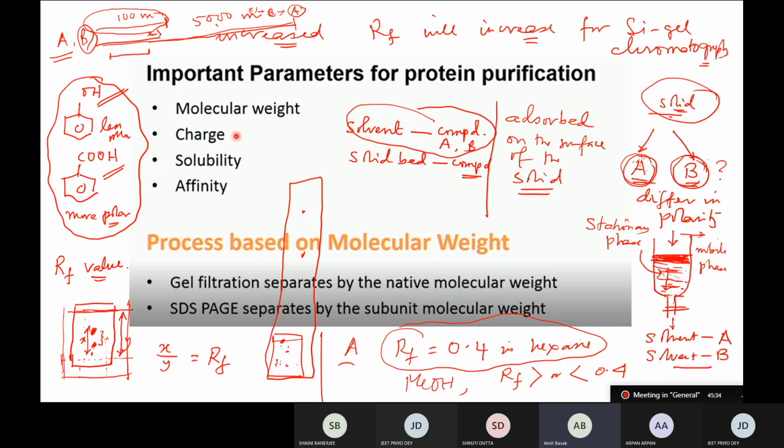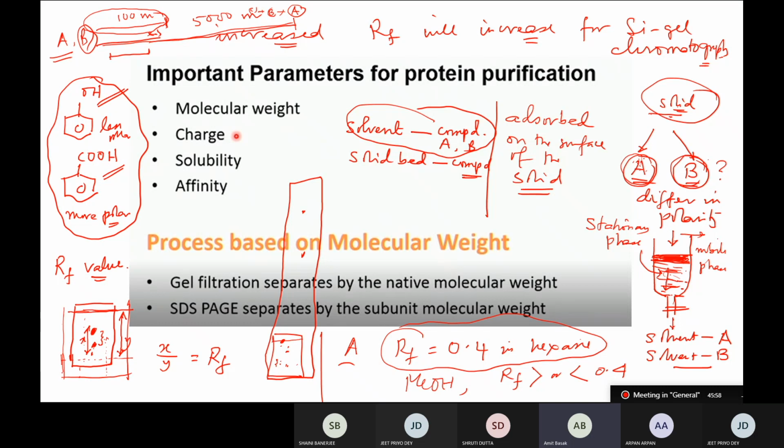And amino acids have side chains. The side chains have basic groups as well as acidic groups, as well as OH, SH, those types of polar functionalities. So at a particular pH, a protein will have a definite charge.